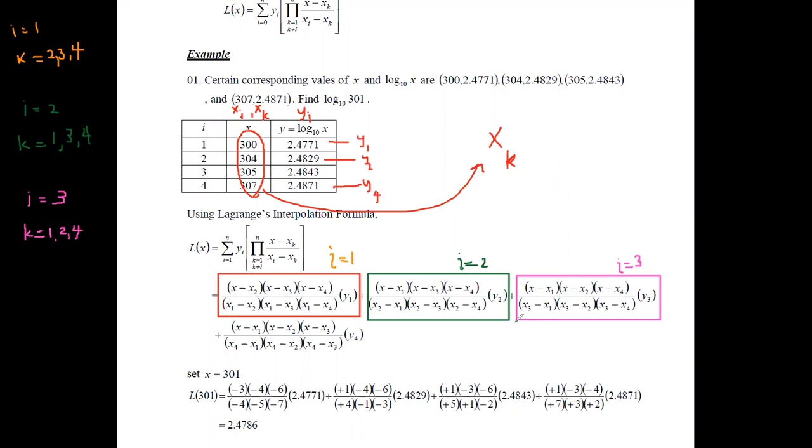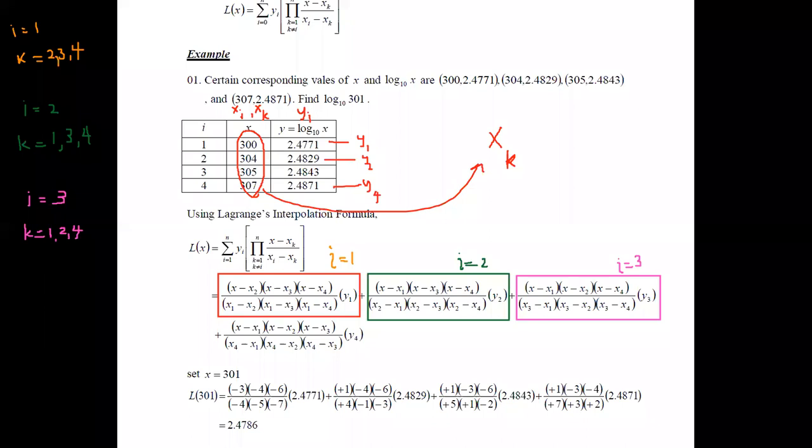Since these are the values, the xi minus xk terms are x3 minus x1, x3 minus x2 and x3 minus x4. In the numerator, x3 has to be replaced by x, and then the total quantity has to be multiplied with y3, since you have set i equals 3 in yi.